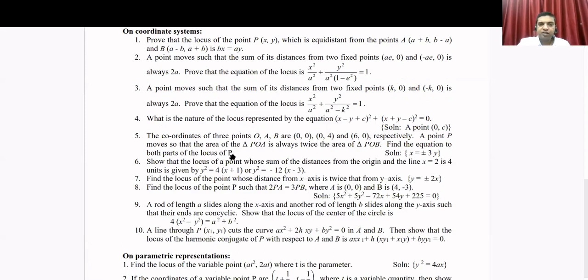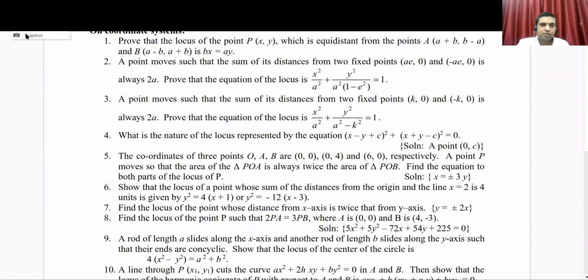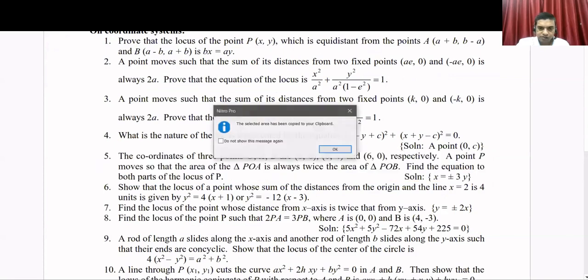Find the equation to the locus. Answer is also here, but let's do this.